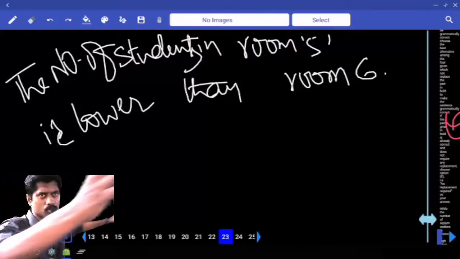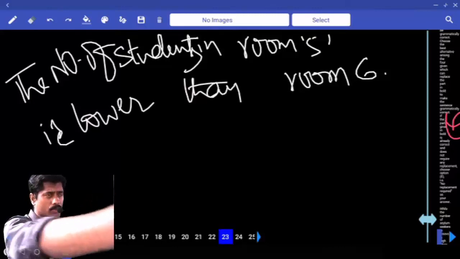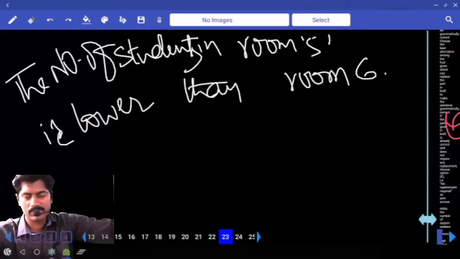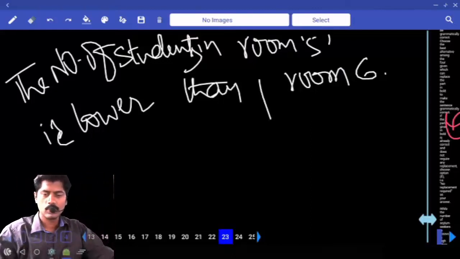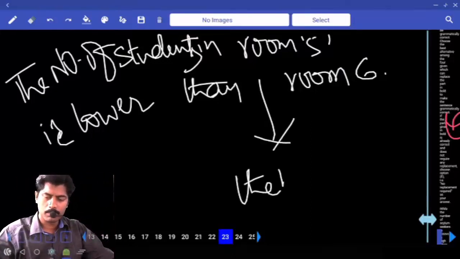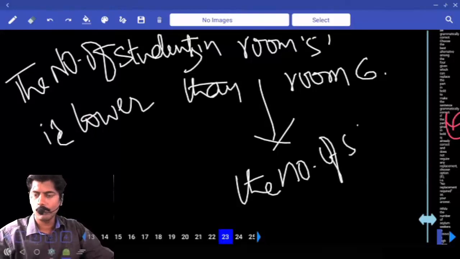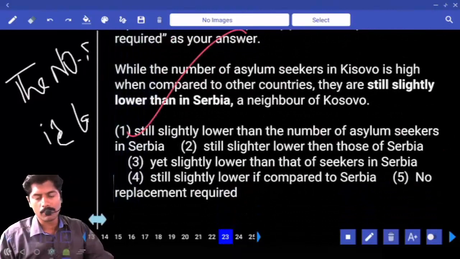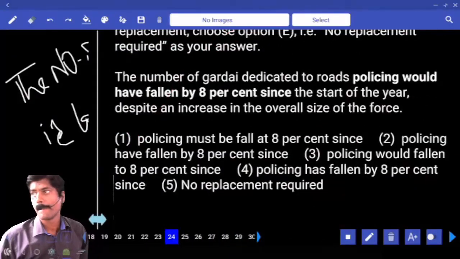I can't compare the number of students of room 5 versus the complete room 6. Wrong. Students of room 5 versus students of room 6. So here I need to keep the number of students of room 6. Similarly, the answer is option 1. The number of asylum seekers.